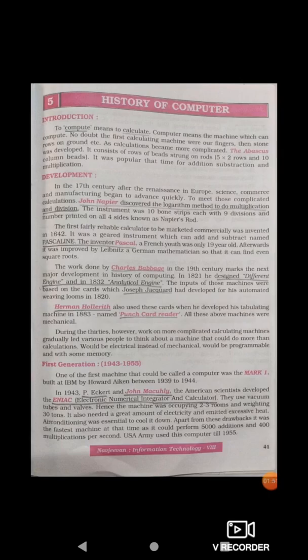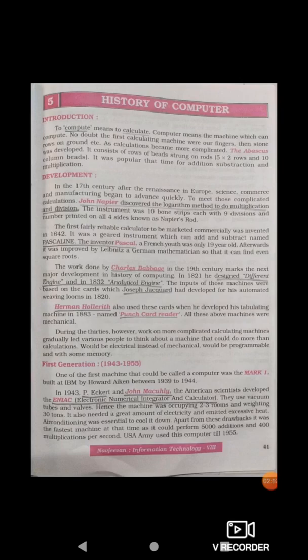So the introduction part talks about the computer, the definition. What do you mean by computer? Computer is nothing but a device used to compute, and compute means to calculate.